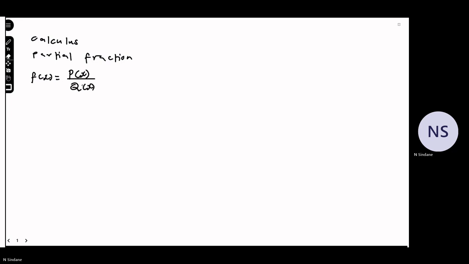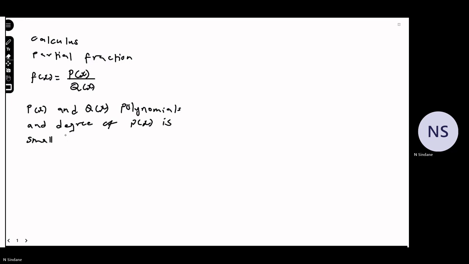You are given this, right, where p of x and q of x are polynomials, and the degree of p of x is smaller when compared to the degree of q of x, right?